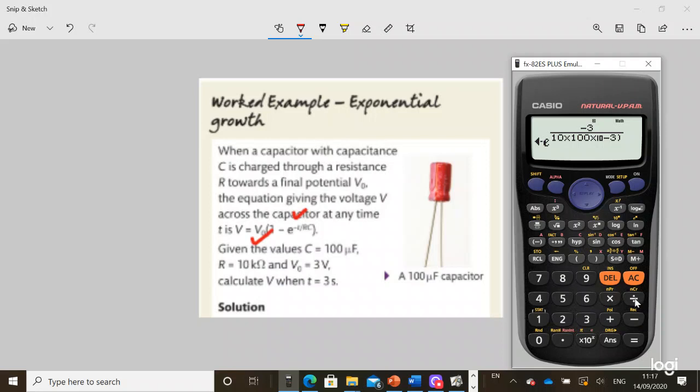It might be quicker, and then close the bracket. Did I not open the bracket? Oh, yeah, I did. The fraction doesn't matter because it's already been raised to the power.